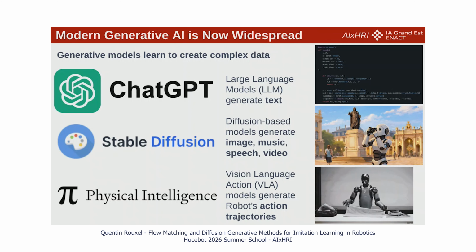You heard about Stable Diffusion, there is Midjourney, there is Sora for videos, there are a lot of different kinds of models that generate different kinds of output. And this kind of generative model is also applied to robotics. Here I mentioned VLA, which will be presented later, but there are also smaller models, imitation learning, which can handle a single task, also relying on this technology.